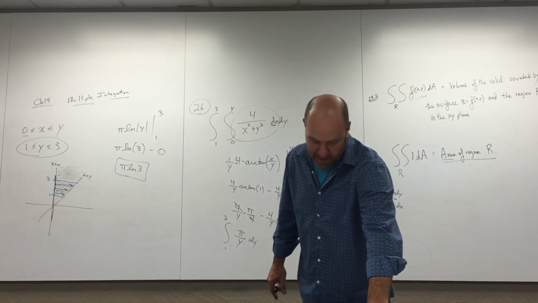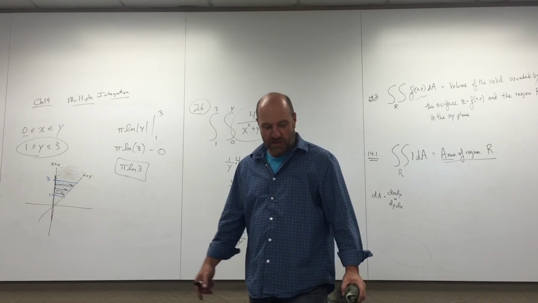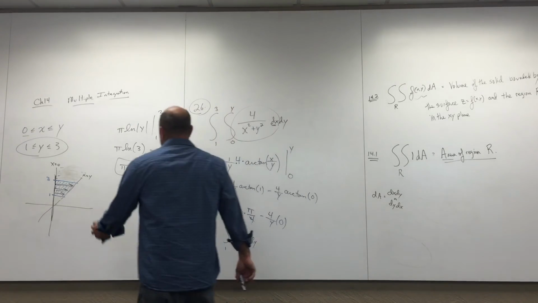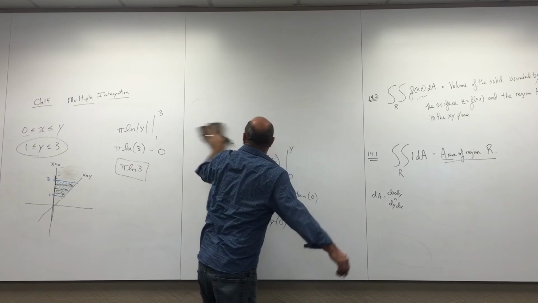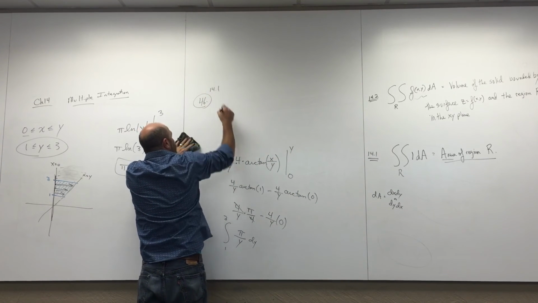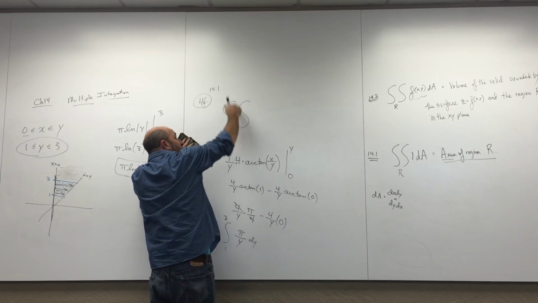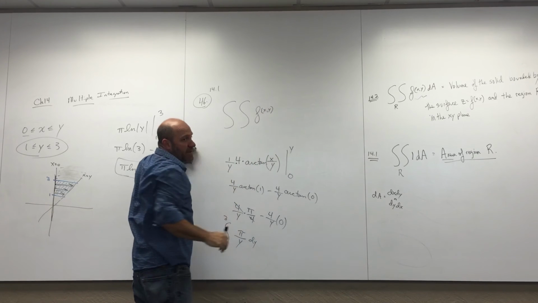Here's one. Check this out. I'm going to do 46 in 14.1. This 46 is kind of funny. You've got this double integral with specific bounds, but then this function in here is not specific.